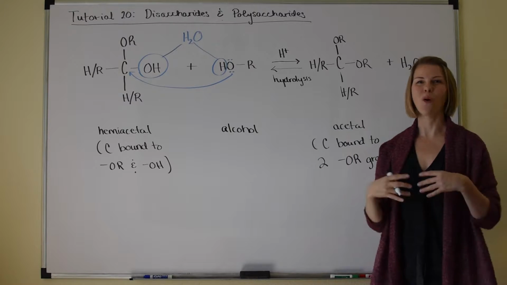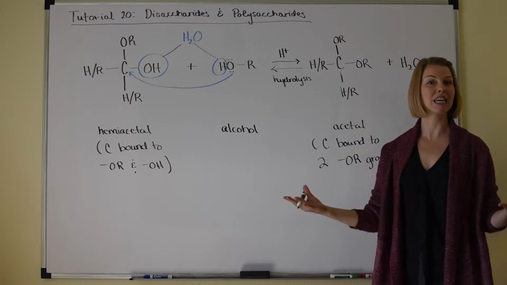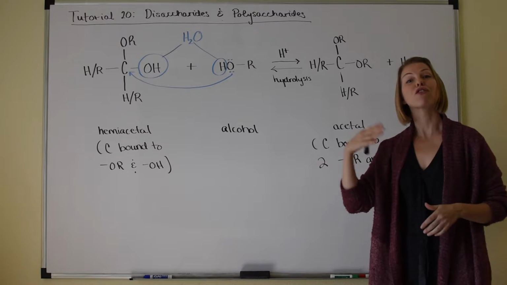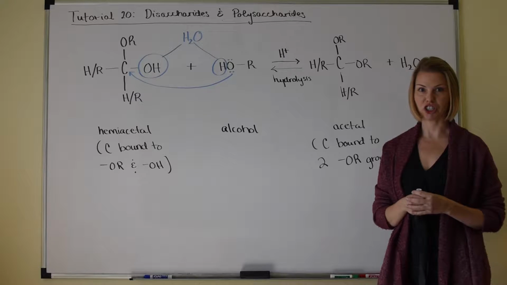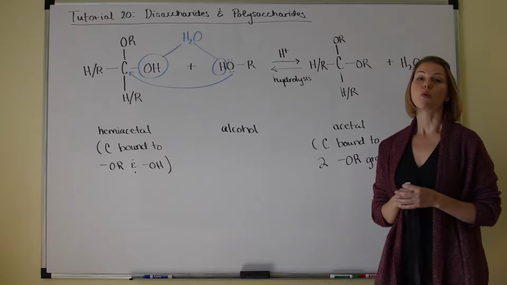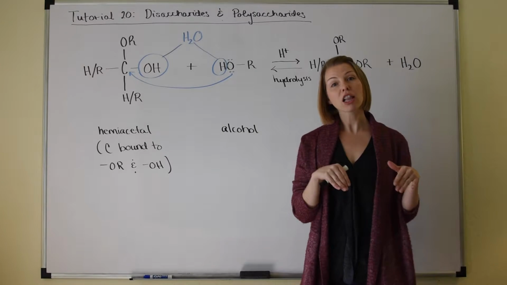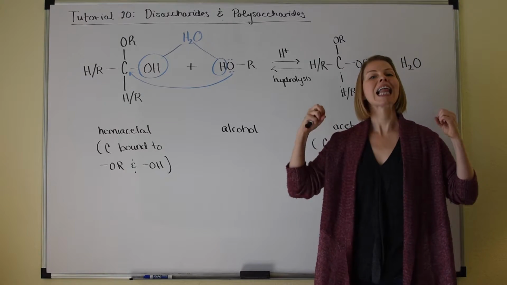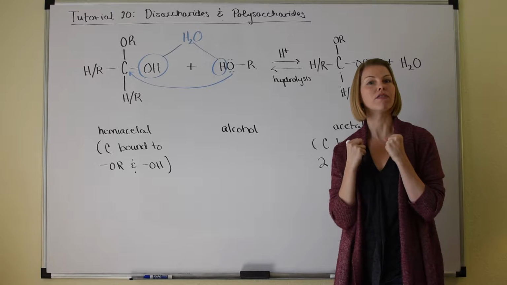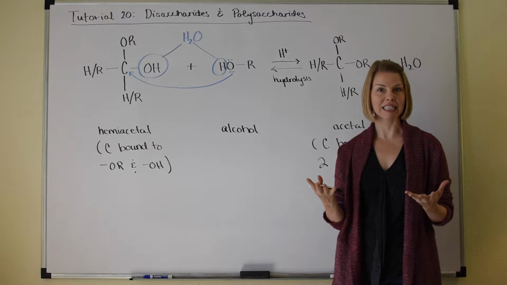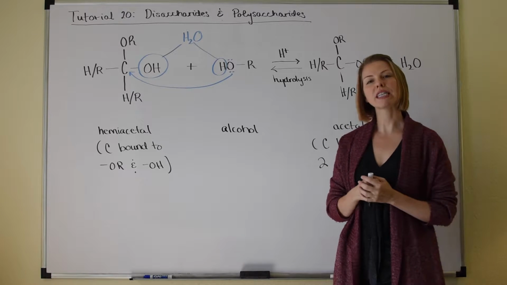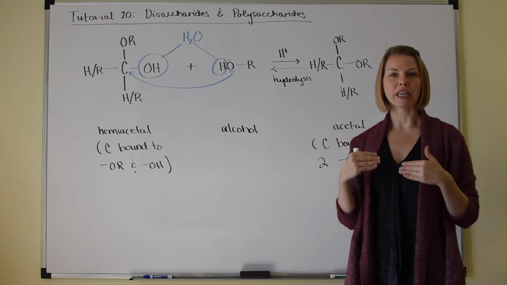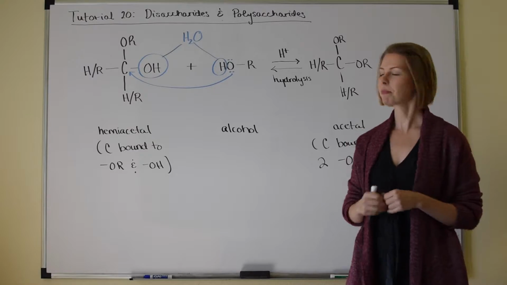Digestion is really just a whole lot of hydrolysis, splitting apart bonds with water. So maybe keep that reaction in mind for a future tutorial on digestion. All right. Well, disaccharides and polysaccharides form when monosaccharides link together via the formation of an acetal. So we're going to go ahead and erase here, and we're going to take a look at this reaction between two monosaccharides.